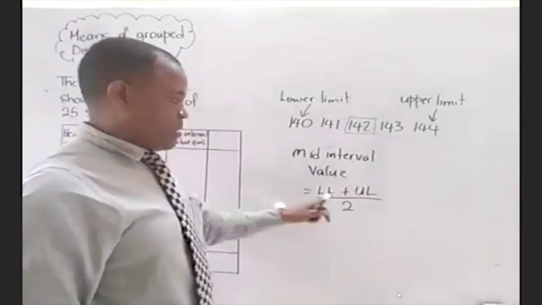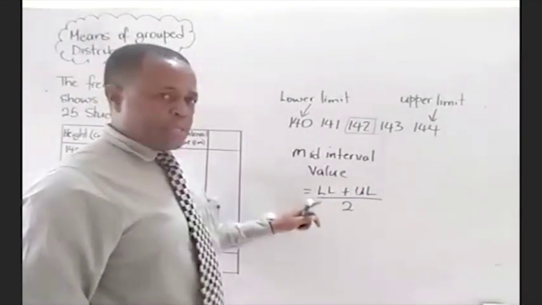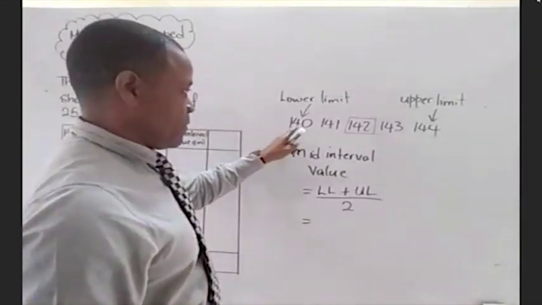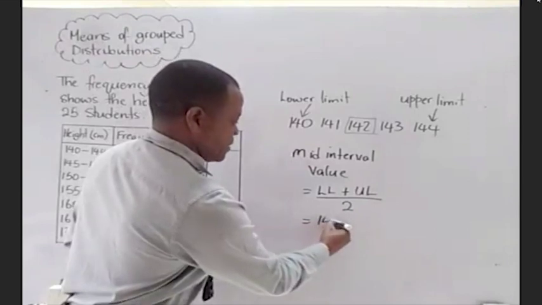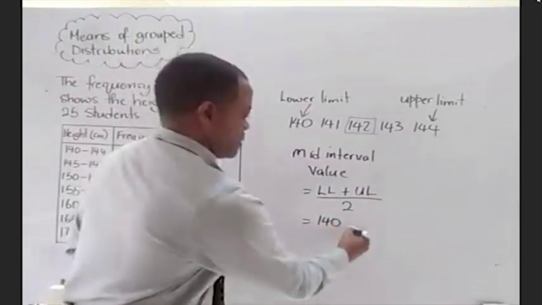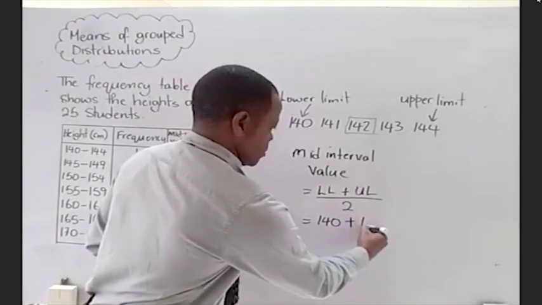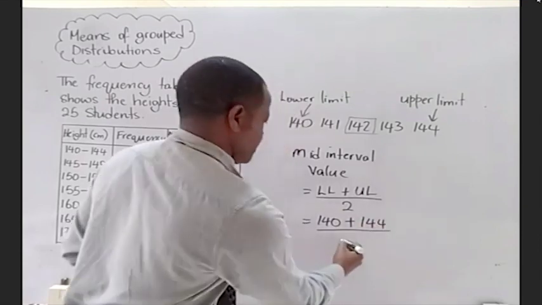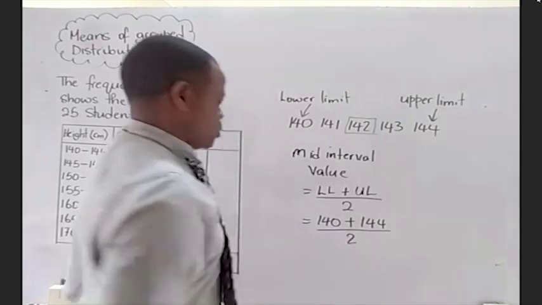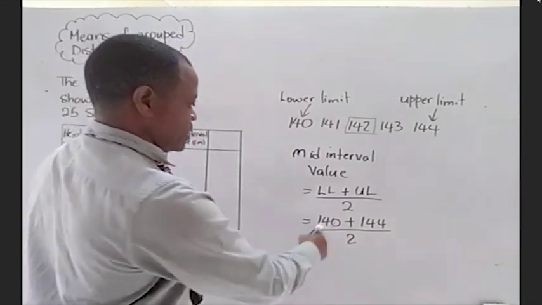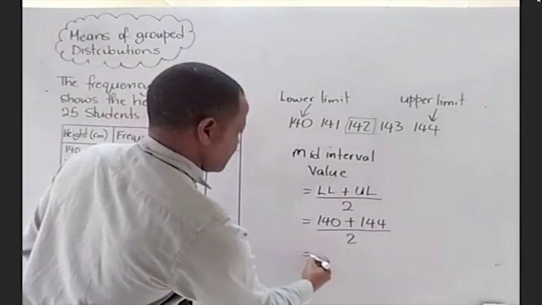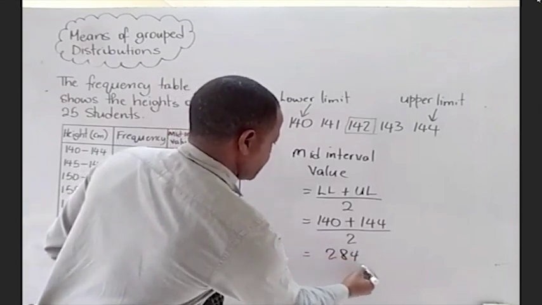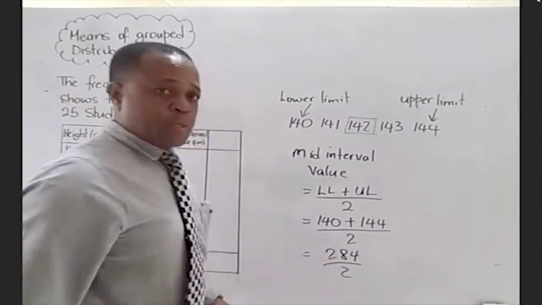So that's another way that we can find our mid-interval value. Now, what is our lower limit here? It would have been 140. So that would have been 140 plus 144, and that now we divide by 2. If you notice here, this would end up giving me 284 divided by 2.